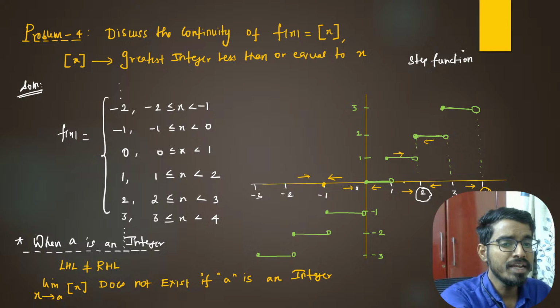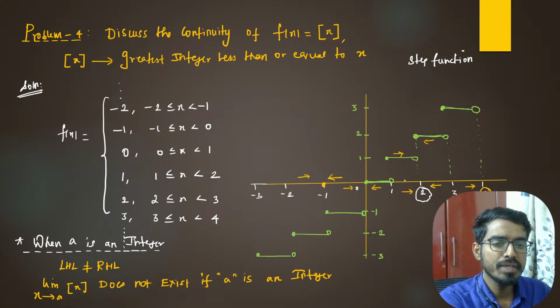Suppose a is not an integer, the limit will exist, right? For example, let's take a to be 1.5. If you take any decimal value, this is your output value, and you can see LHL, RHL, and f of that value are all equal.